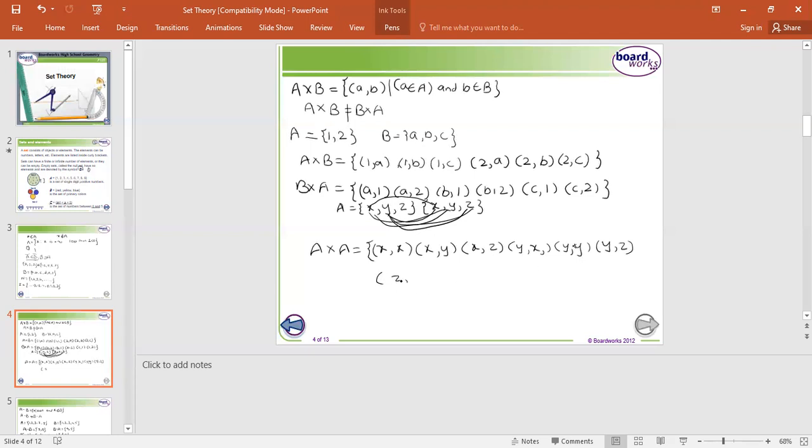Next you will get (z, x), (z, y) and then (z, z). Okay, this is A cross A.